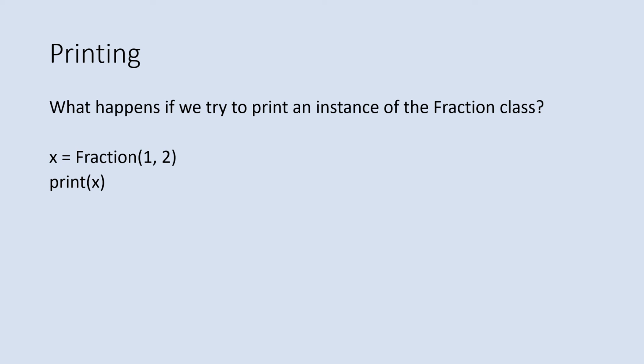You get information that tells you what kind of thing x is and where x is stored, where it's saved. So you get a memory location that corresponds to that. And that's not what we want when we say print x. When we say print x, we want something like 1/2, or whatever we choose in that particular context.